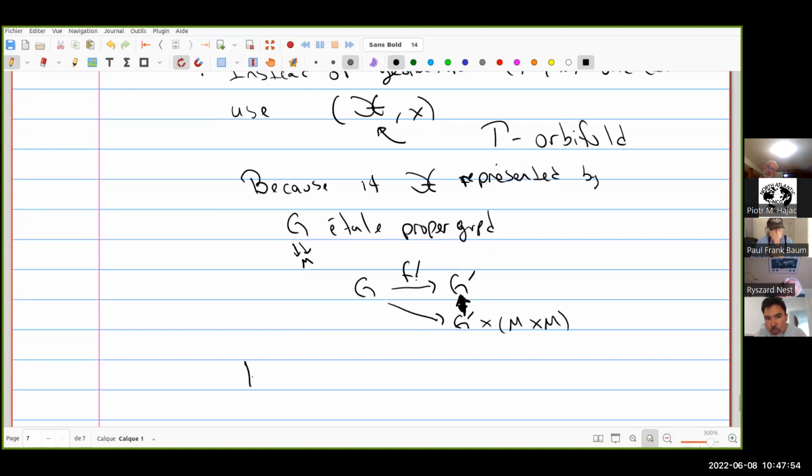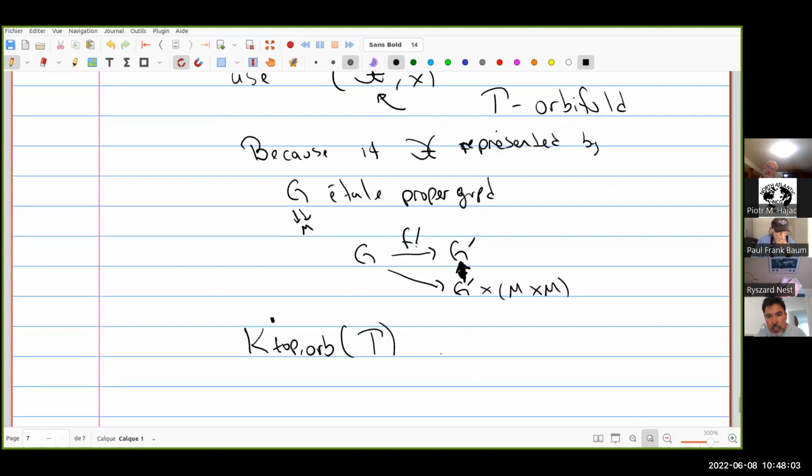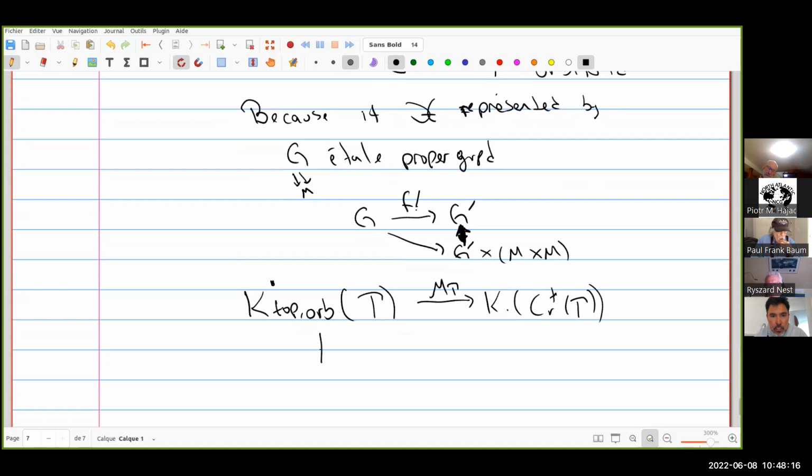So you can consider a group as I defined, but using cycles which are orbifolds, and the assembly map is exactly the same. Of course, the functoriality works the same. And here you have, of course, a map which goes from the group I defined, because a smooth manifold is an orbifold.